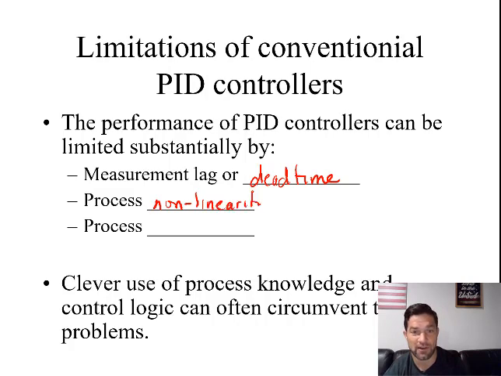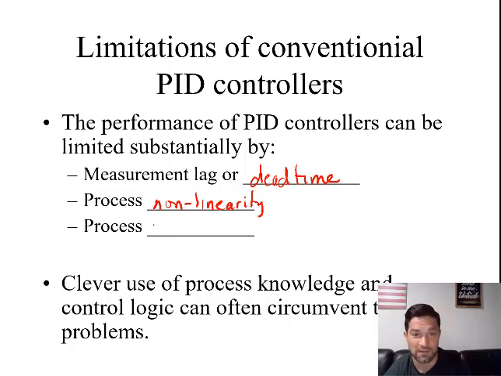And again, what nonlinearity means is that the values of the PID controller parameters, the gain, reset time, or derivative time constant, are different, or the optimal parameters are different depending on the current state at which your system is operating. For example, if it's operating at an incoming flow of 5 gallons per minute versus 10 gallons per minute, how your system responds to changes in disturbances can vary depending on how your system is currently operating.